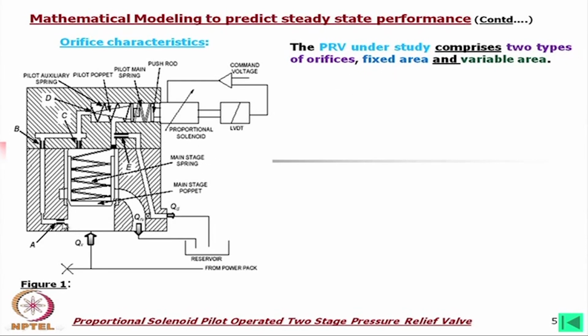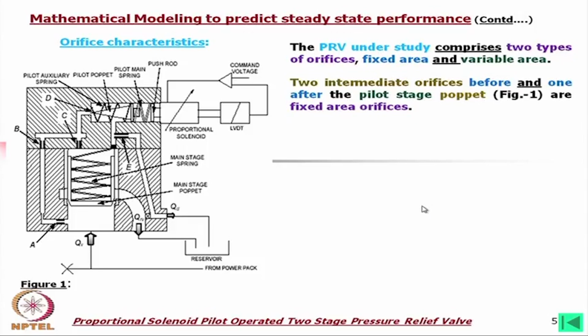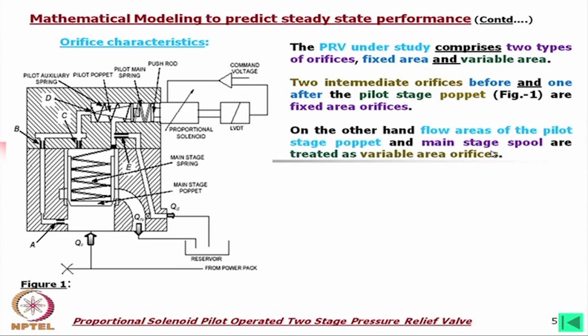One is the fixed area orifice, and the other is the variable area orifice. This is one variable area here, another variable area is there. The 2 intermediate orifices before and one after the pilot stage poppet, say 1, 2 and this 3, are fixed area orifices.